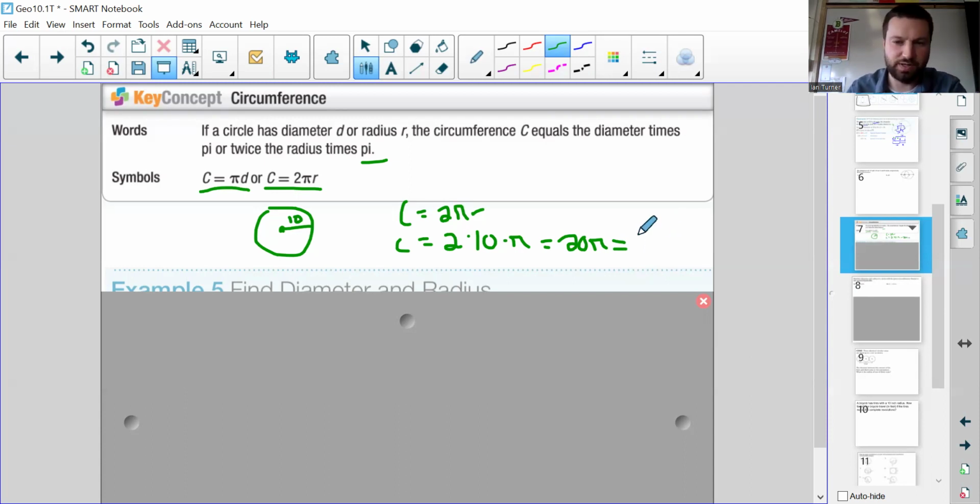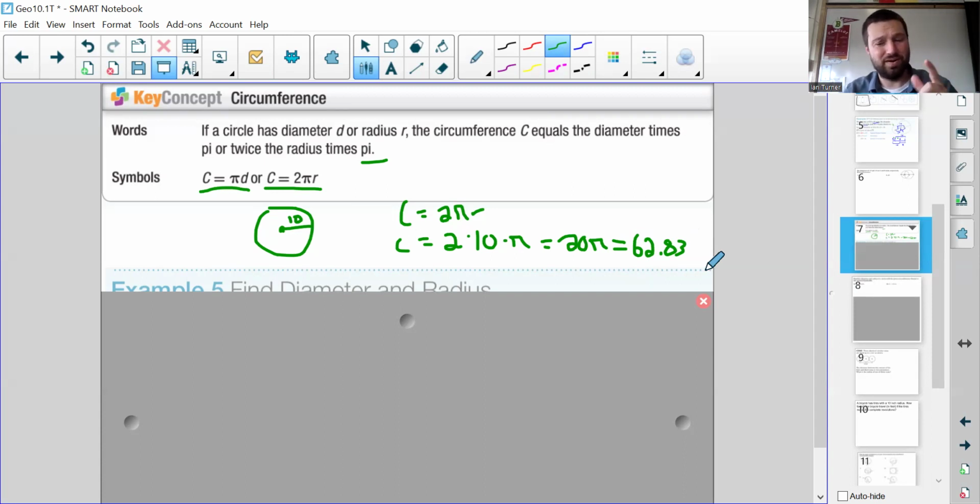We want all the decimals there. So this comes out to 62.83 units, whatever unit we're in. Very simple. You've been doing that since you were like 12, right? 11. You've been doing circumference for a while.